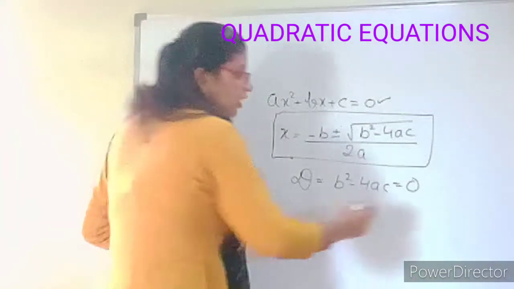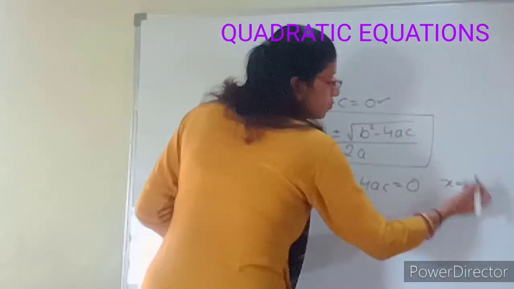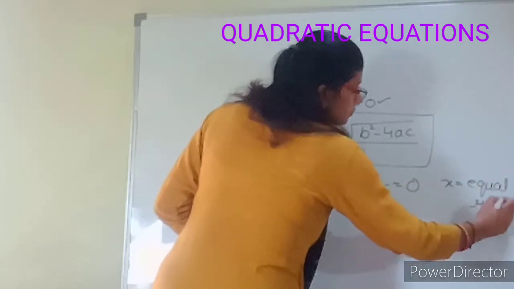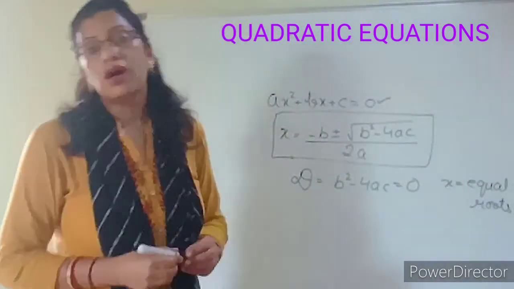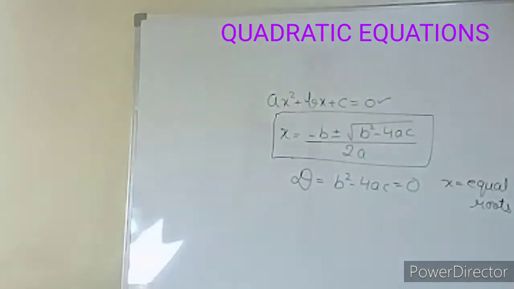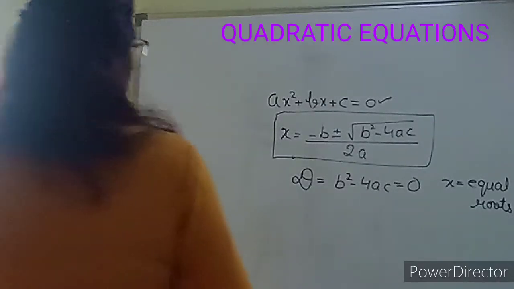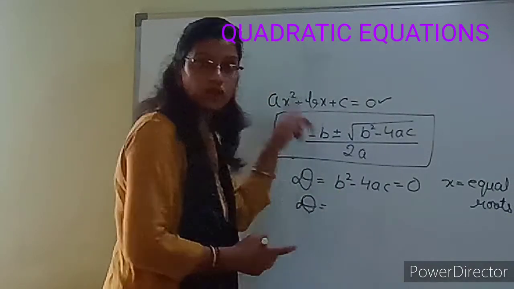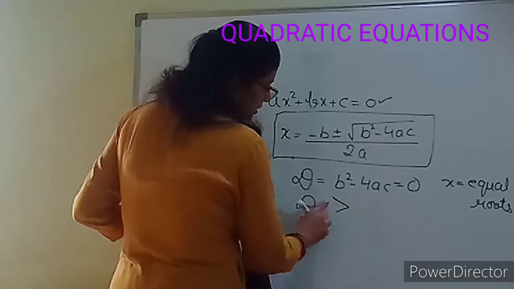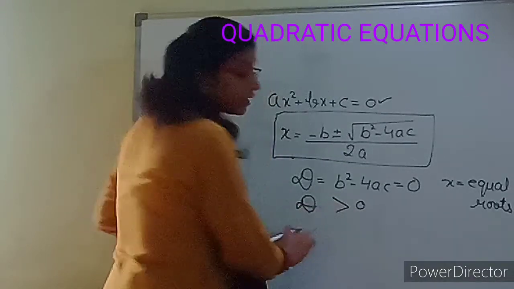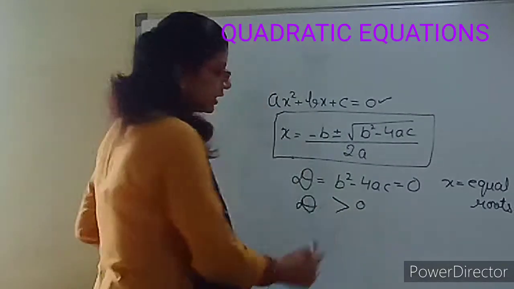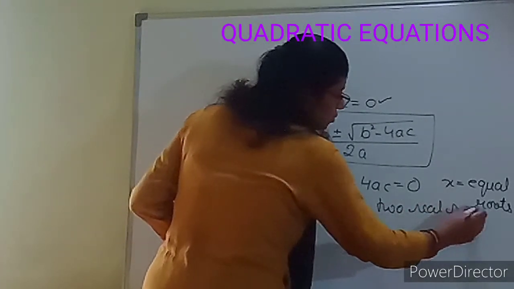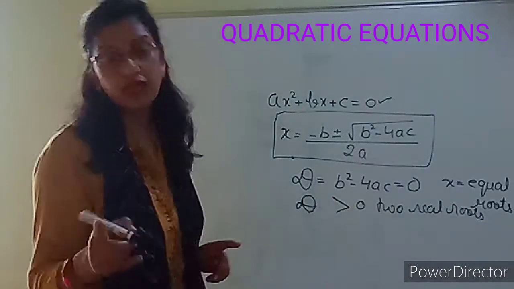So x has equal roots. And if the value of this discriminant b square minus 4ac comes greater than 0, it will have 2 real roots, that means the value of x will get positive values.